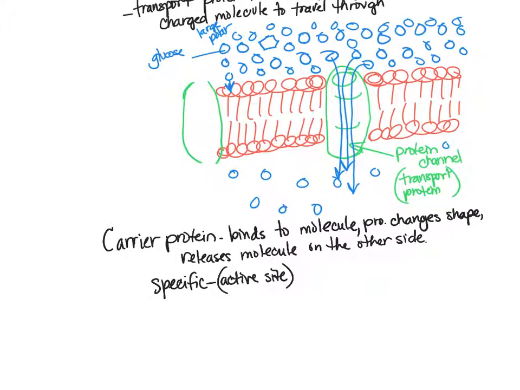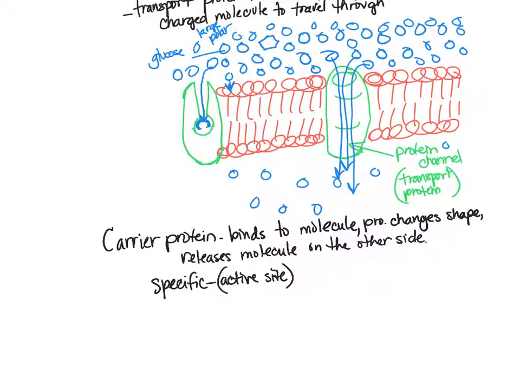So if we look up here in the illustration again, we would have something like this. And then our glucose molecule, and we have our high concentration of glucose out here, is going to fit into this active site here.